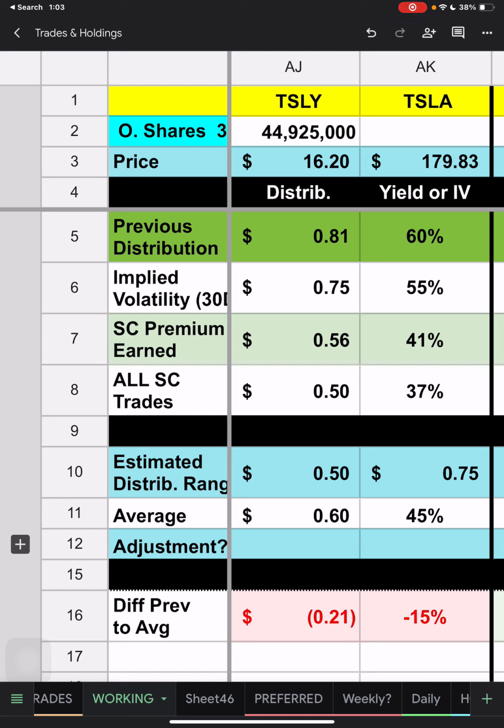October, 58 cents. November, 58 cents. December, 60 cents. January, 56 cents. Your average there is 58 cents before the reverse split until you hit February, and then it was this all-time low distribution of 40 cents. So I honestly feel that 56 cents is unacceptable. Oh, it sucks so bad.